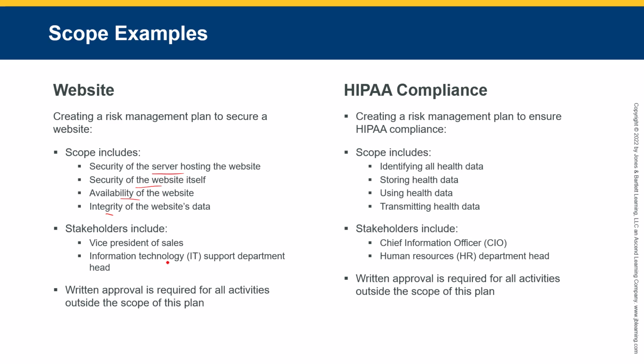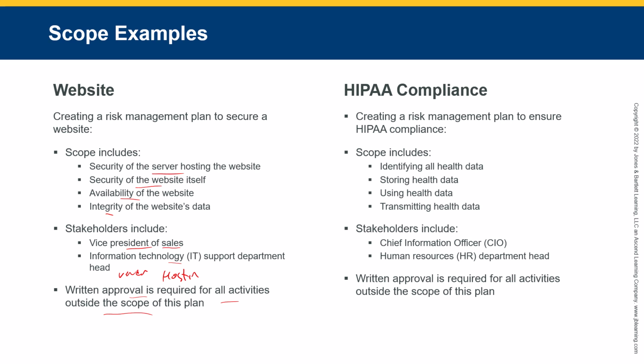Stakeholders might be IT, might be marketing or the head of sales. It might be the vendor supplying the website hosting. What's required? Written approval for all activities outside the scope. So anything outside the identified scope, we need to identify what's going on.